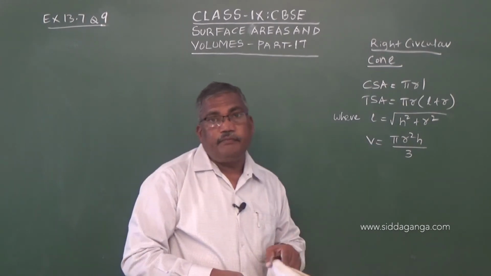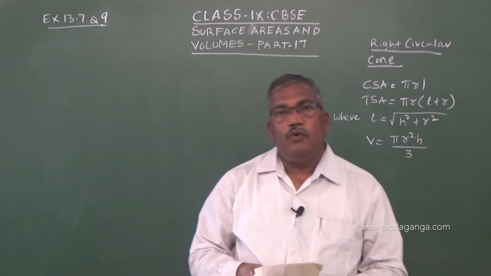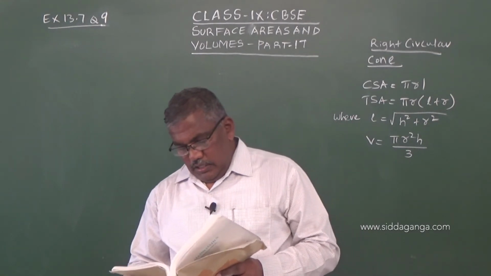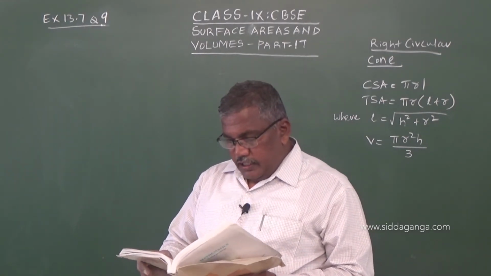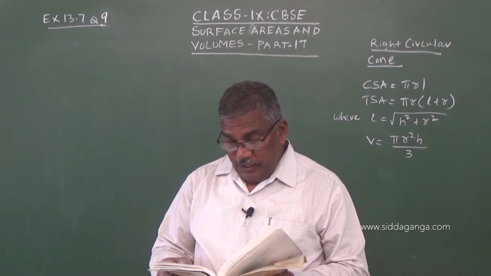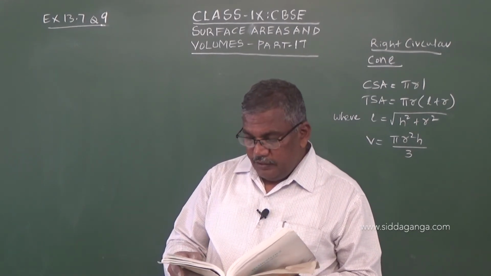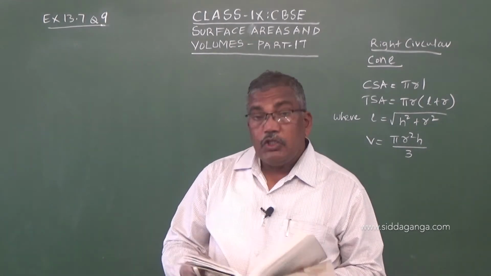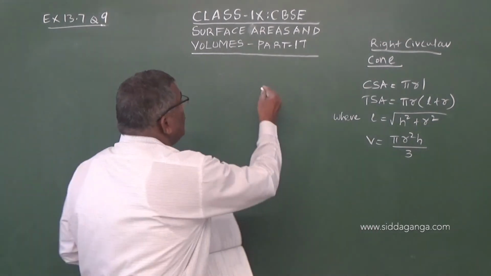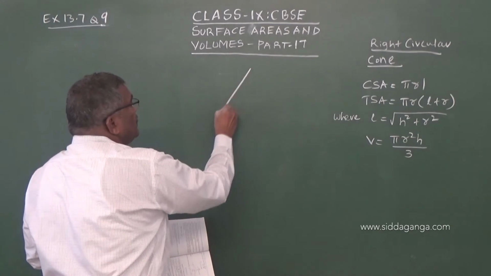So wheat in the harvesting field is collected and kept in the form of a cone whose diameter is 10.5 meter. So the wheat heap is like this.